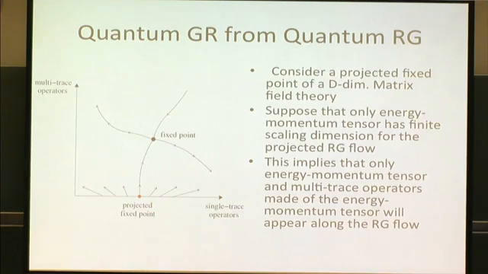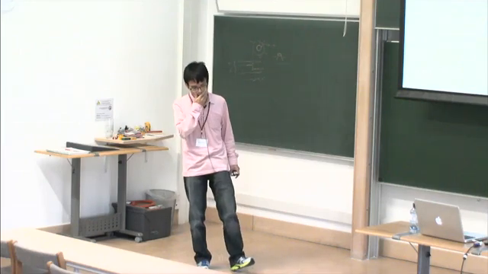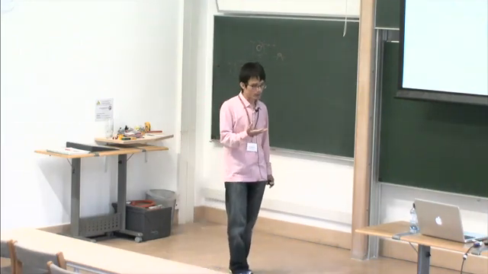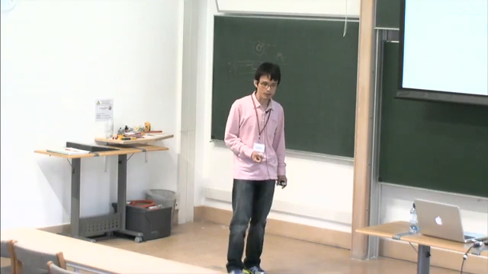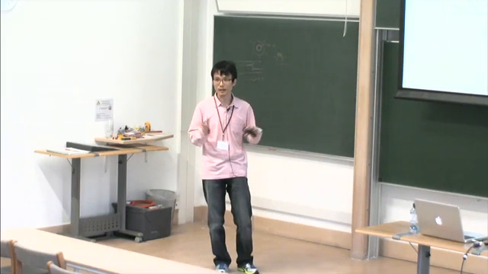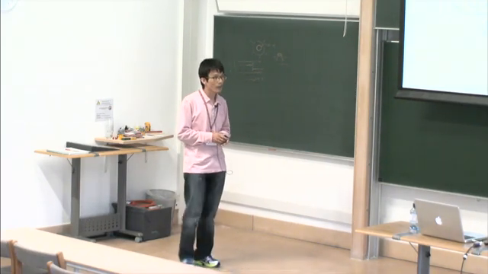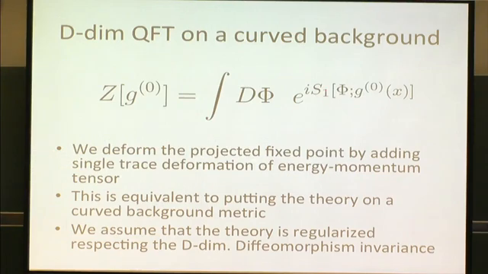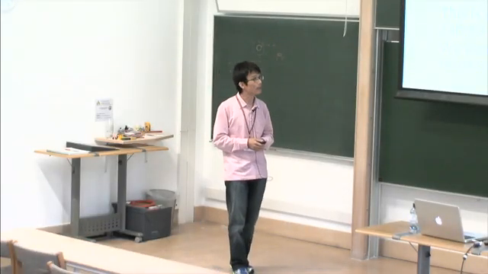And then suppose we add some energy momentum deformation because that's the only low dimension operator, and adding a deformation of the energy momentum tensor is equivalent to turning on some non-trivial background metric in your theory because the metric is the source for the energy momentum tensor. So let's put your theory in some general curved background space and time. So G0 is not a dynamical metric, it's a fixed metric in the d-dimensional space and time.